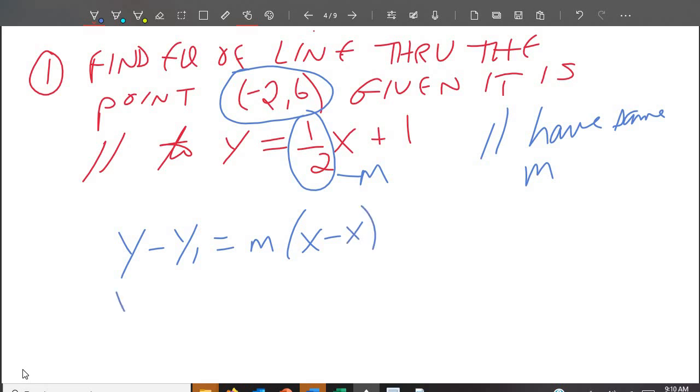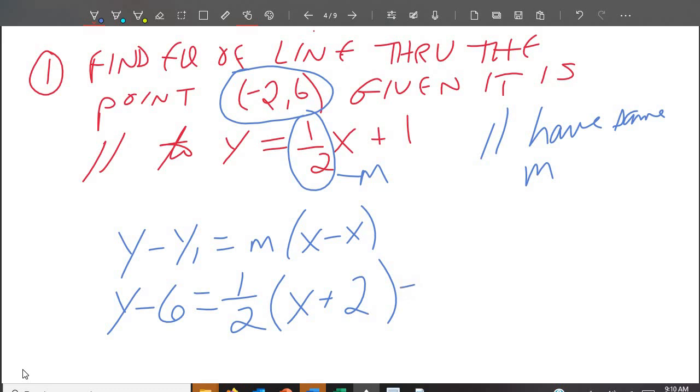So the y in this case is 6. We just figured out the slope was 1/2. Now, my x is -2, but there's a negative in the parentheses, so those two negatives become a positive. So it's going to be +2. All right, do the distributive property. 1/2 times 2 is just 1.